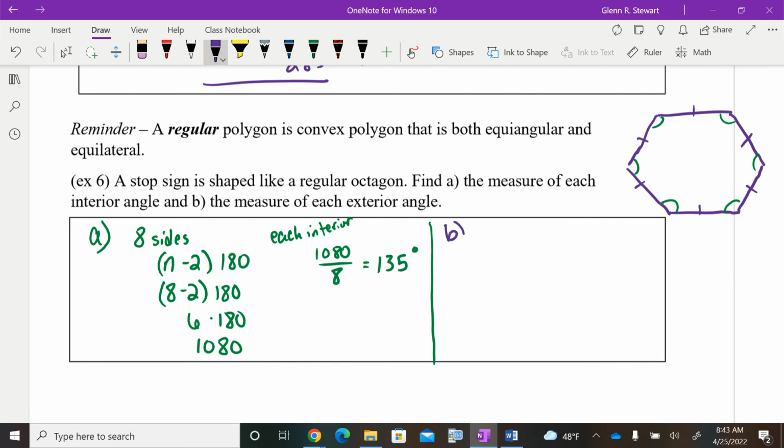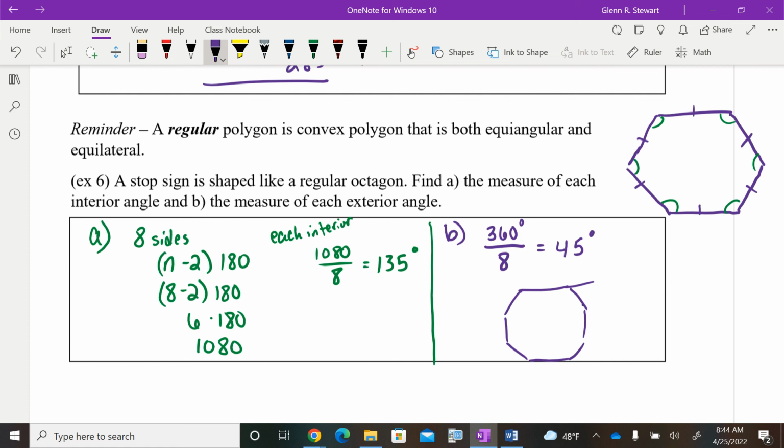Part B, the measure of each exterior angle. If we know that the measures of the exterior angles add up to 360 degrees, and we have 8 angles, then we take 360 and divide by 8 to end up with 45 degrees. Let me draw this out for you so you can see what I'm looking at.